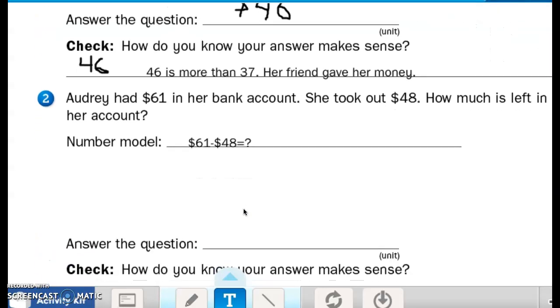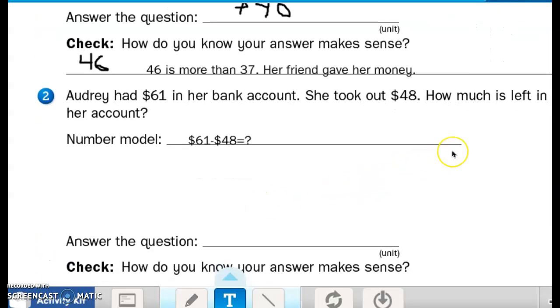So I am going to subtract, and again, I like to go up and down, and we've got to think about this. If she took out $48, would she have more than 61 then, or less than 61? If she had 61 in her bank account and she took out 48, would she have 90 left?